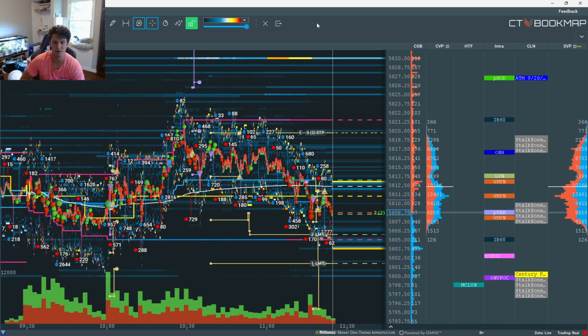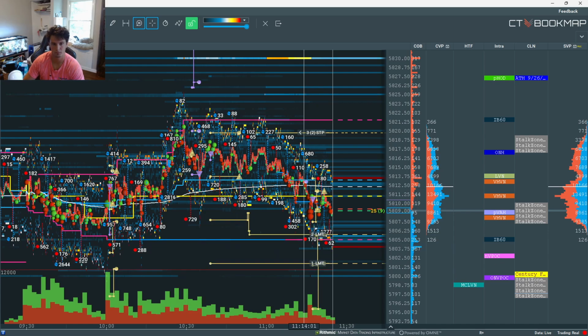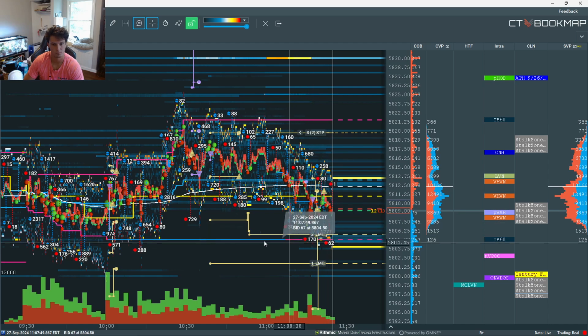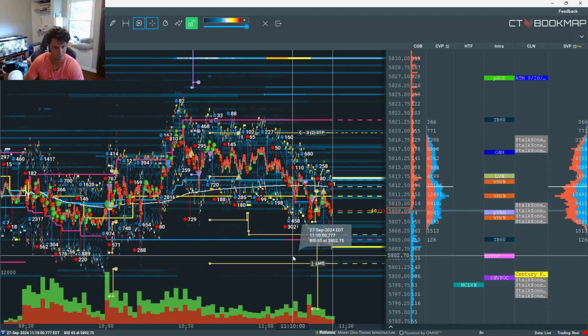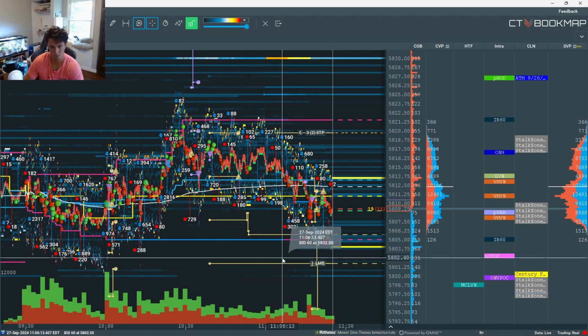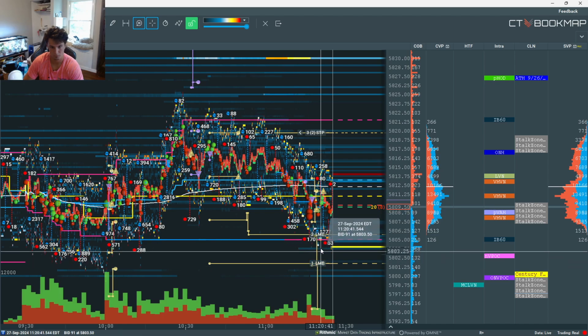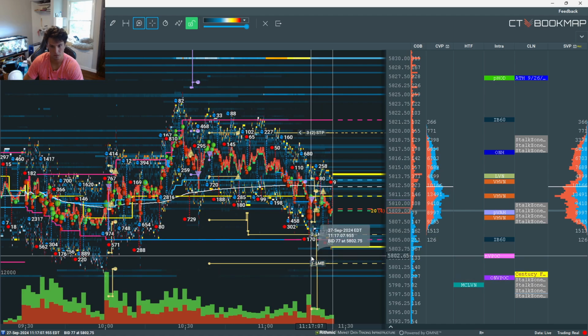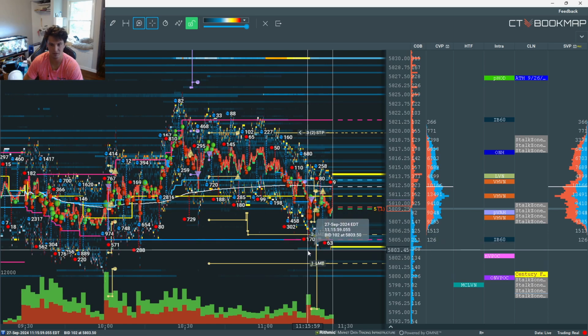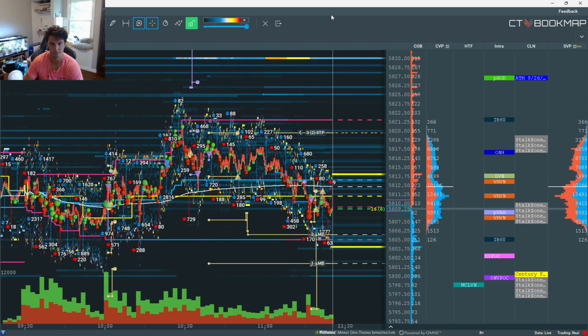Could see a flush into the IB. Let's keep in mind we have the naked volume point of control here, and what's happened the last few times the IB low breaks into this location.